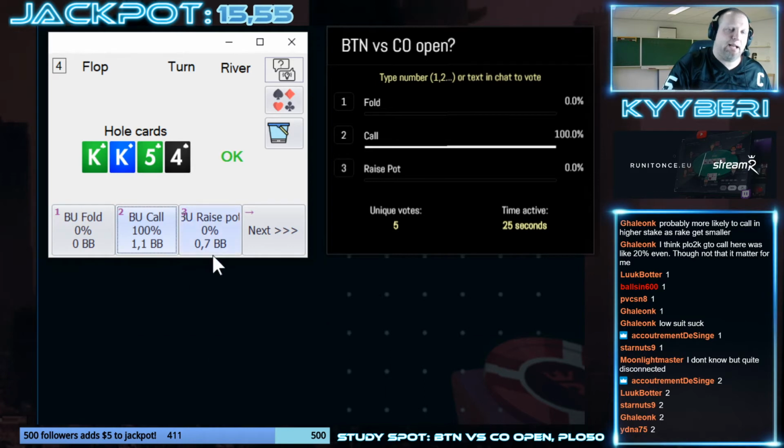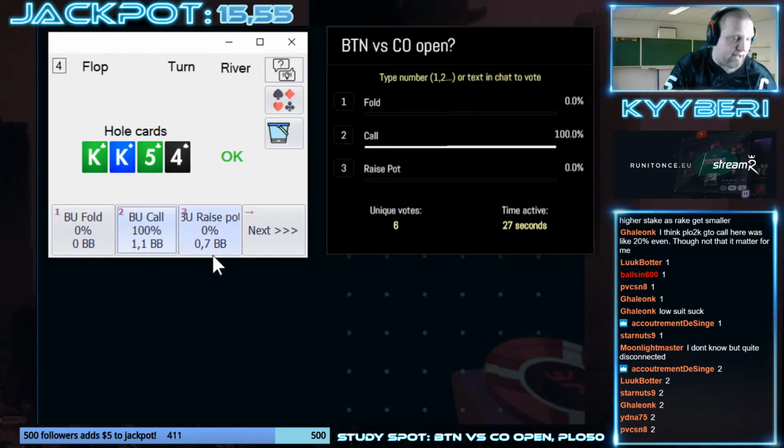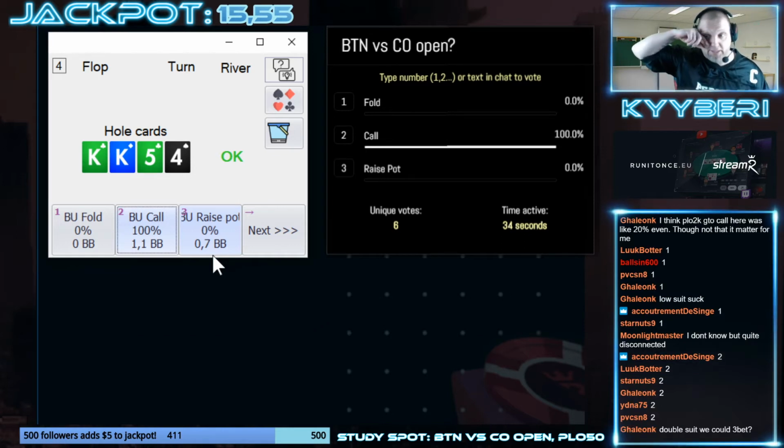But you can see that the EV of 3-betting is not that far away. 0.7 BB still. So even if you 3-bet this hand, well, double suit, I would assume it's always a 3-bet. Because even single suit did, the EV of 3-bet is still quite high. So if you 3-bet this hand, you are not going to hell. And your life is not turning miserable because of that.